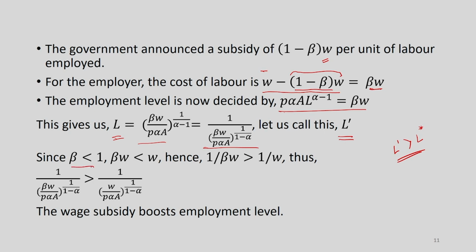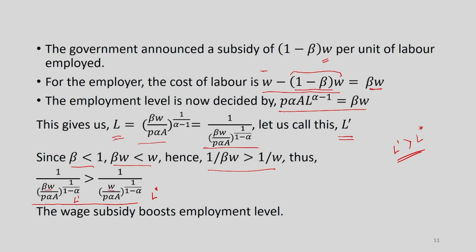Remember, beta is less than 1, that means beta W is less than W. Hence, if I take the reciprocal, 1 divided by beta W is greater than 1 divided by W, and that helps us to conclude that this is going to be correct. What you see here is that beta W is occurring in the denominator, and here W is occurring in the denominator. And what is the left hand side? Left hand side is L dashed, the right hand side is L star.